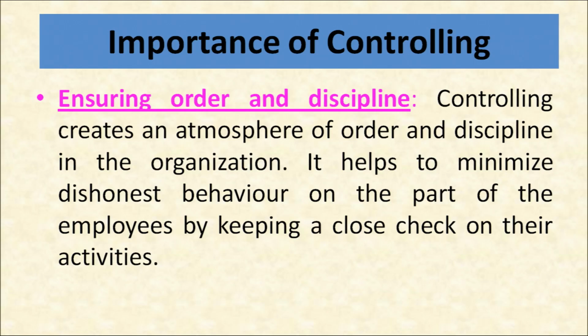Then another important part of controlling is that it ensures order and discipline. Controlling is a very important aspect which creates an atmosphere of order and discipline in the organization. It helps to minimize dishonest behavior on the part of employees by keeping a close check on their activities.